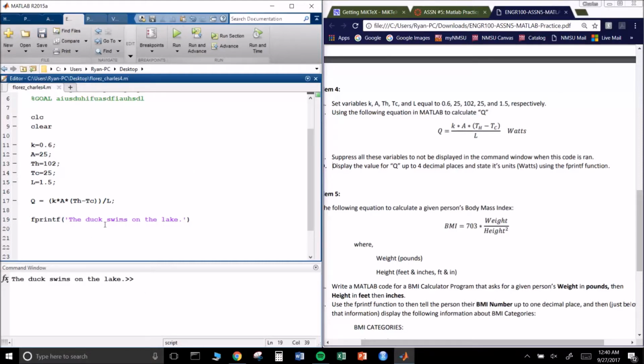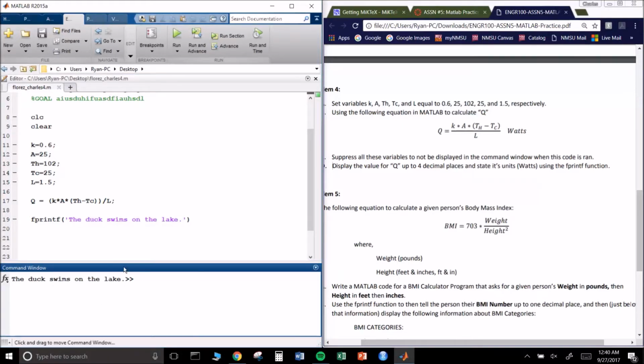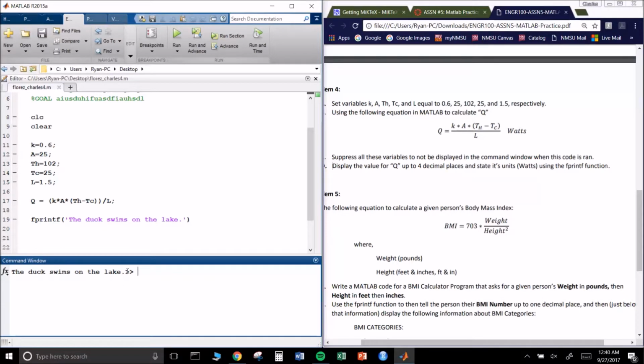What's going to happen is MATLAB, after the code is run, is going to print whatever is in between these 2 apostrophes here. Notice here though that in my command window I'm prompted to start typing right after, and it would be better if this were one line down or something.